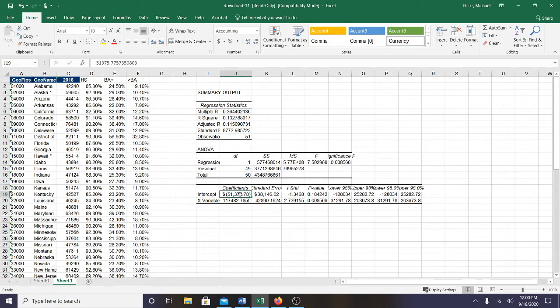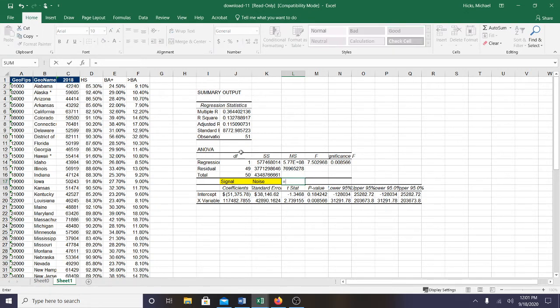That's our signal, right? And the standard error is the noise, right? So the t-stat is a signal to noise ratio. So let's see if that signal divided by noise ratio looks anything like the t-stat.